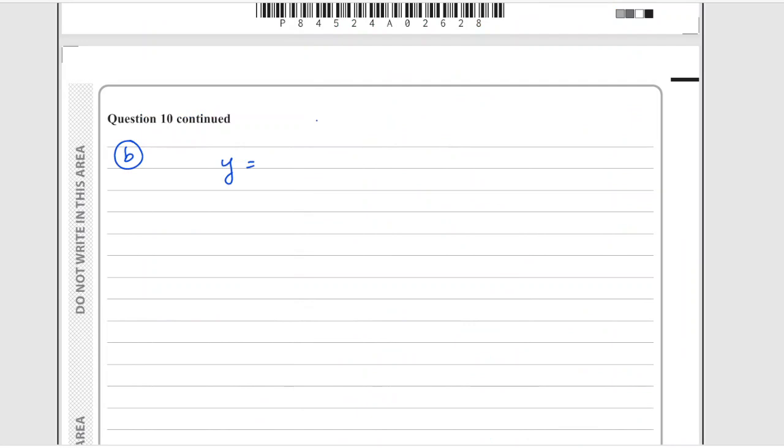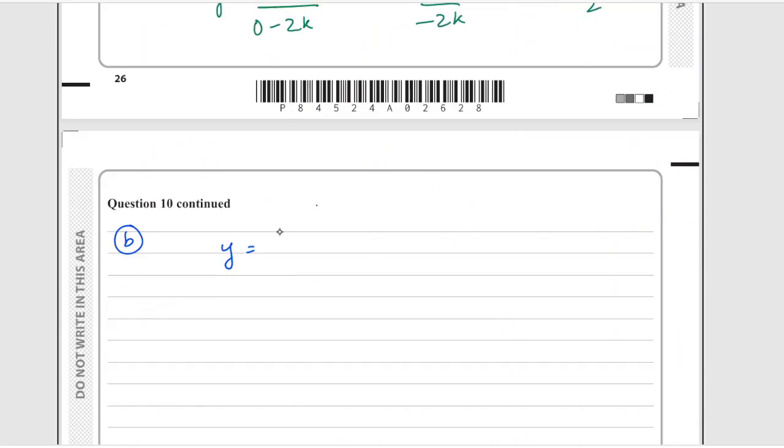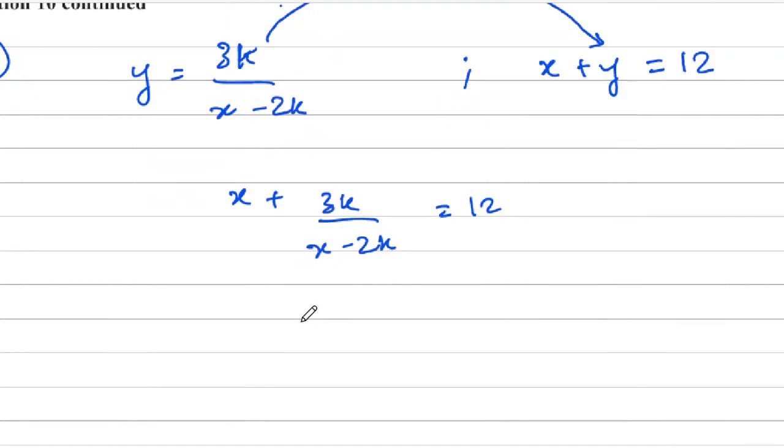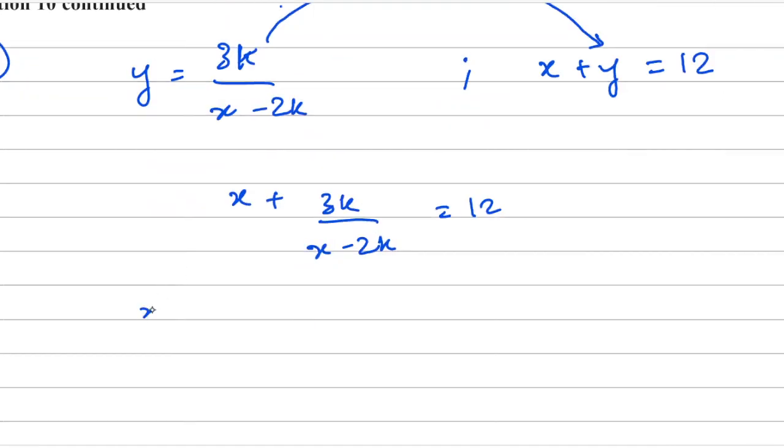So the equation of the curve was y is equal to 3k divided by x minus 2k, and the equation of the line or the tangent was x plus y is equal to 12. So to find the intersection point, we can just replace the y value over here. So we have x plus 3k divided by x minus 2k is equal to 12. So you can just multiply by x minus 2k on both sides throughout.